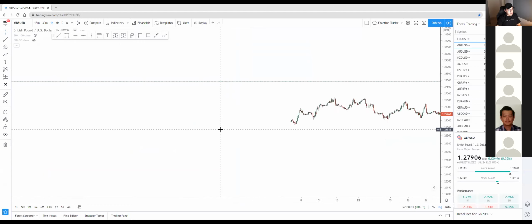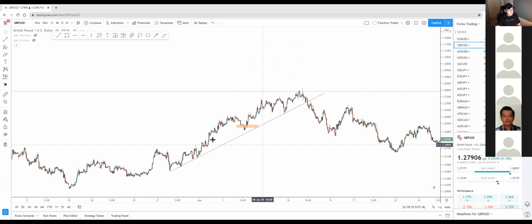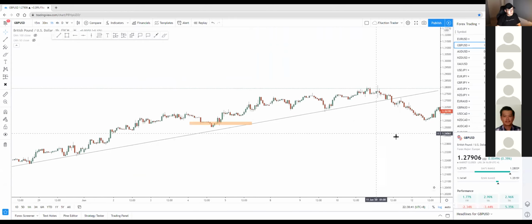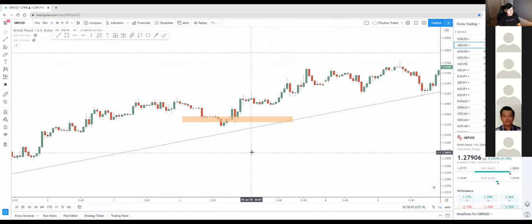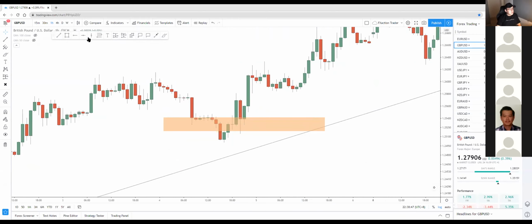We go to H1. So the first entry signal I saw here is a dominant setup.